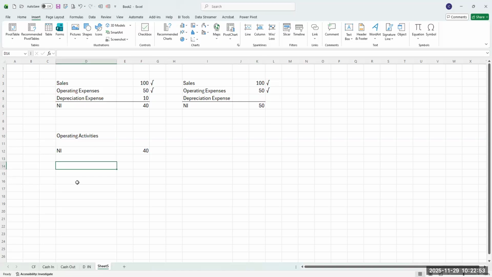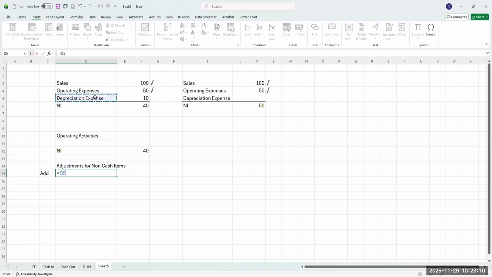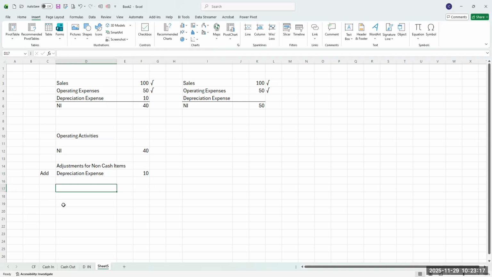So the next section will be adjustment for non-cash items. And first, we're going to add back depreciation expense. So if I add $10, what will be my adjusted cash?